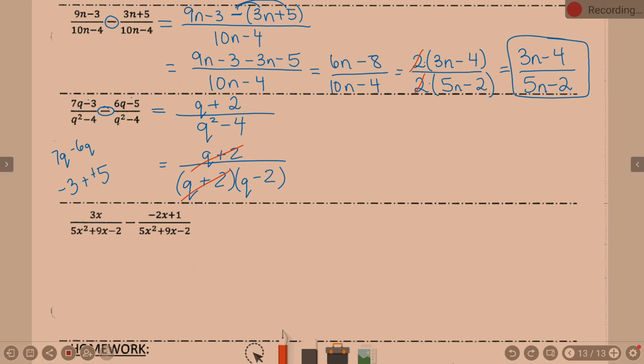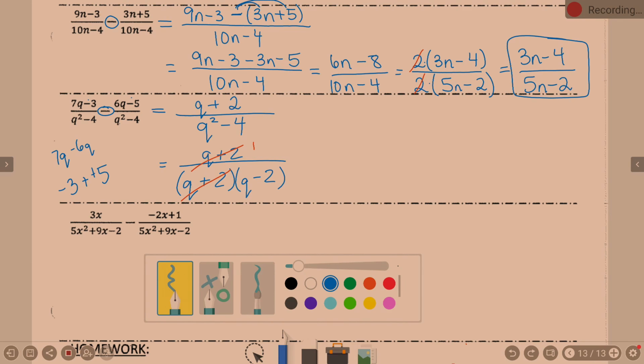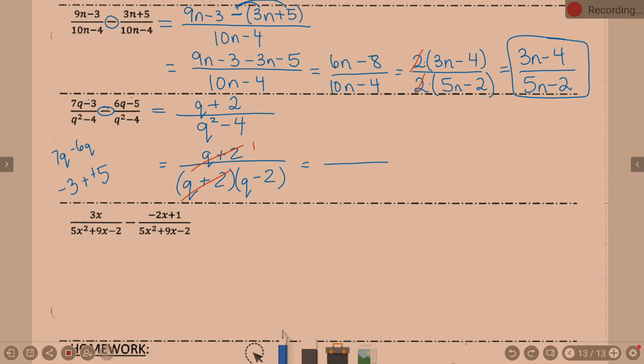If the q plus 2 cancels, 1 remains on top. So I end up with a 1 on top and a factor of q minus 2 on the bottom. So the factoring is important.